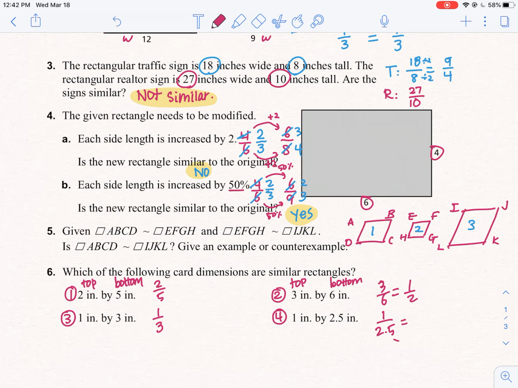So the easiest way actually is to multiply by 2 and make it a 5. Or if you want to multiply by 10, you can do that, and it'll give you 10 over 25, and then it's going to be 2 over 5. So either way, you can work on it, but the answer should come out as 2 over 5.